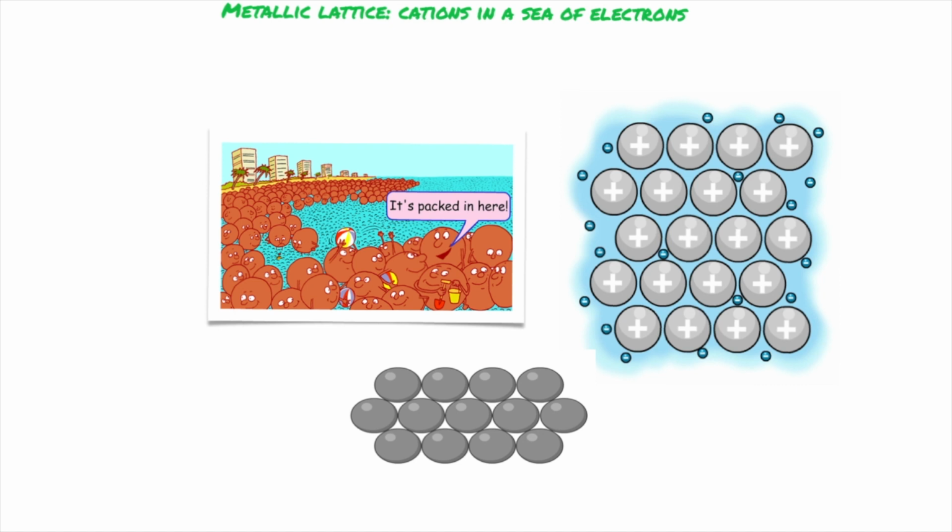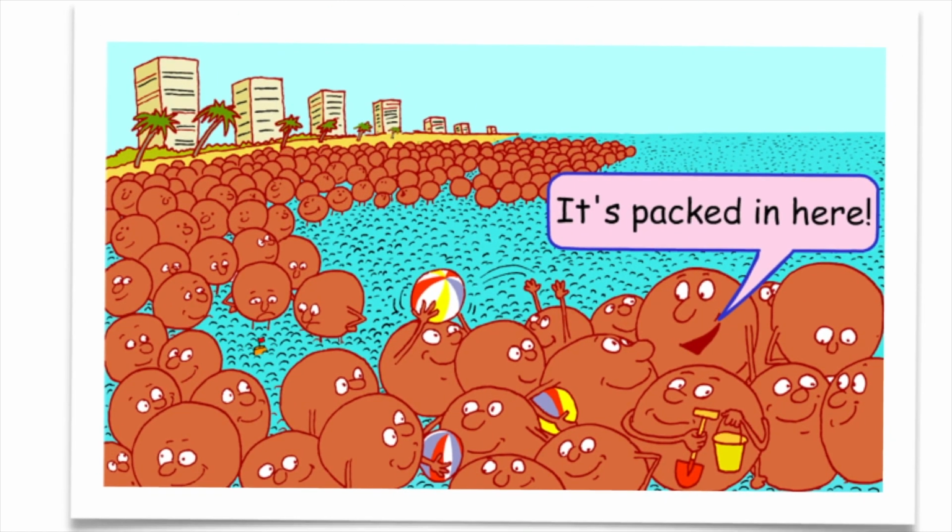The question is, what does valence electron have to do with the melting point? This takes you back to what you've learned in your IGCSE about the metallic lattice or metallic structure. We usually describe a metallic lattice as a bunch of cations in a sea of electrons. The blue sea here represents the electrons, and those represent the metal cations. The sea of electrons basically glues those cations together and makes a very hard metallic structure.